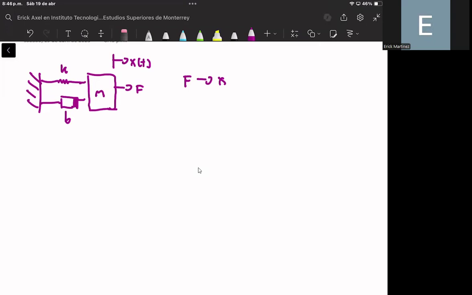And I showed you that you can generate what we call a transfer function of the system. The transfer function basically relates in the s domain the output of the system, that is the position, with the input of the system, that is the force.